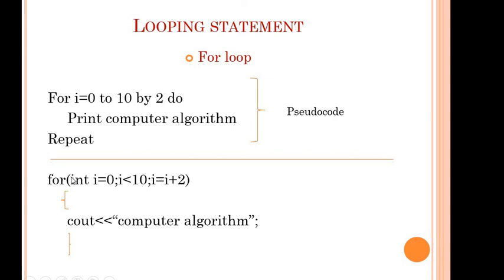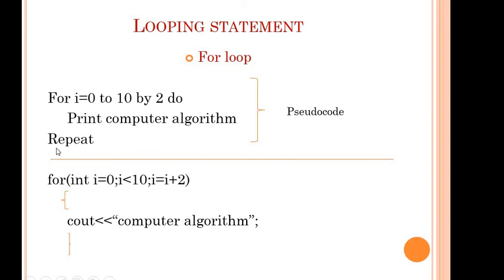Here we are seeing the bracket; instead of that, they are using the word do. Followed by this line, they have given the print statement, that is, the statement that has to be executed each time if the condition is true in the for loop.